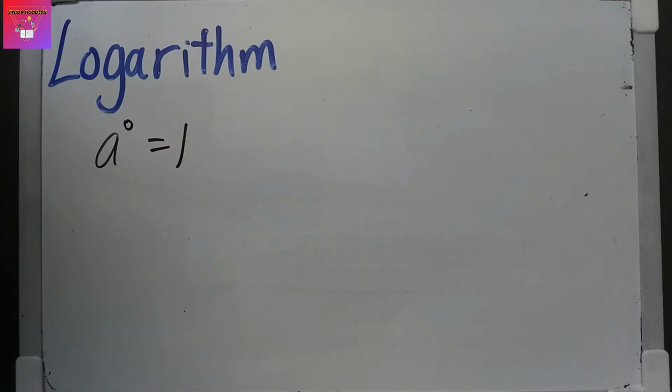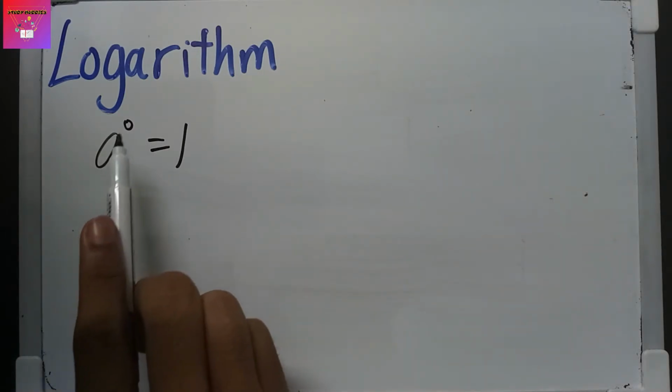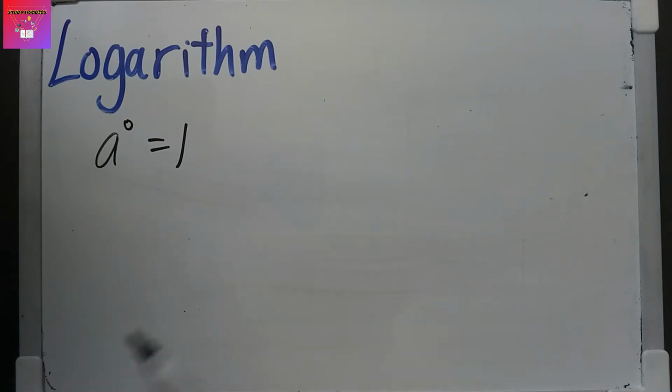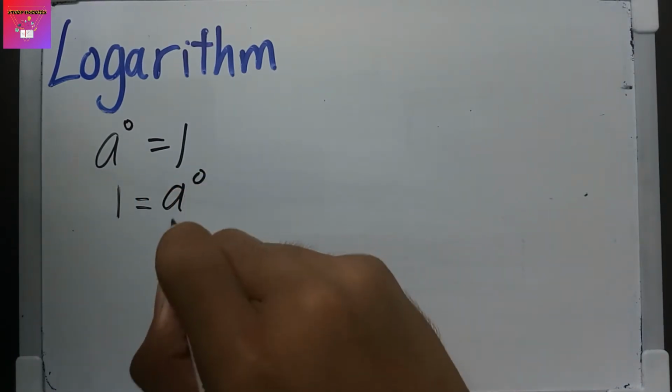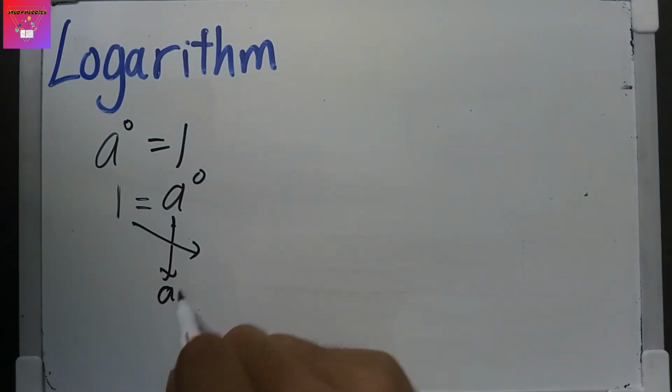Now I'm going to explain another important thing which links index to logarithm. If you watched my video on indices, or if you are aware of the law of index, anything to the power of 0 is automatically equal to 1. The same goes for logarithm. So I'm going to convert this to logarithm. 1 equals a to the power of 0. So I pull the arrow again.